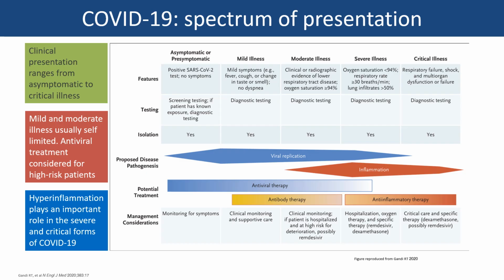Thus, antiviral treatment is usually not needed for the mild or moderate cases unless the patient is at a high risk of progressing to a severe or critical illness. For those who progress to severe or critical illness, then anti-inflammatory therapy becomes a must to control the hyperinflammation that plays an important role in the pathogenesis of these cases.